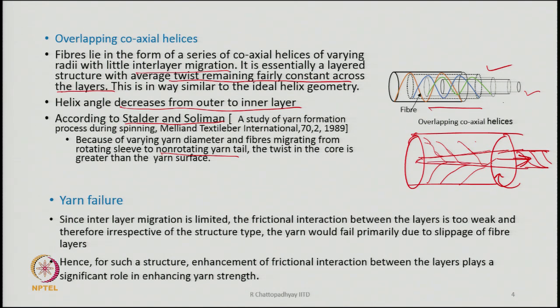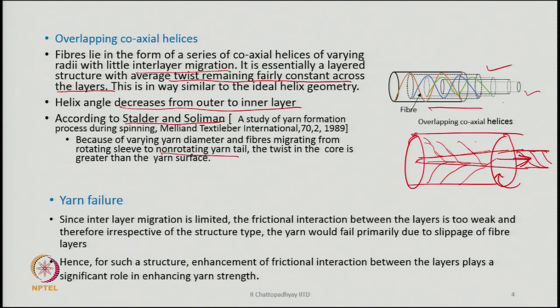The tail also has some projecting fibers. So, somehow they get caught by the fibers projecting out from the yarn tail, and once they are caught they start getting wrapped. That is how the twisting process is going on.